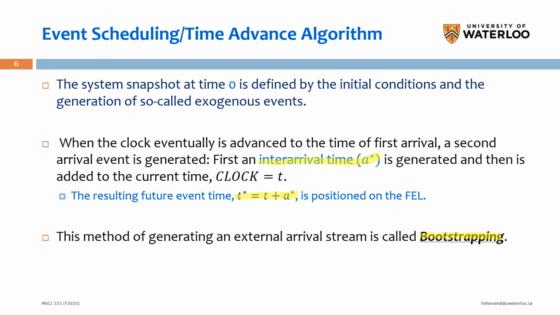So t is the current time and a* is the inter-arrival time for the next arrival, so the next arrival will happen at time t*. Then we put this arrival event with its occurrence time t* in the FEL. This is called bootstrapping, and by this method we generate a stream of arrivals over time for our discrete event simulation model.